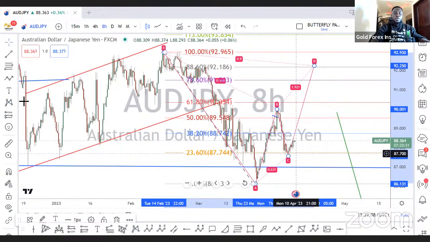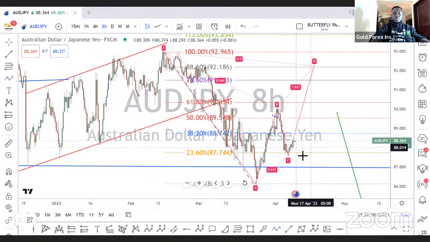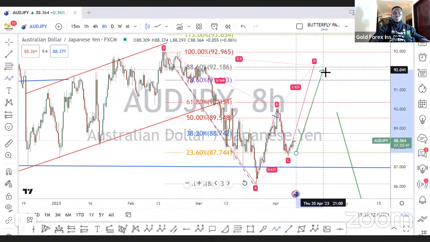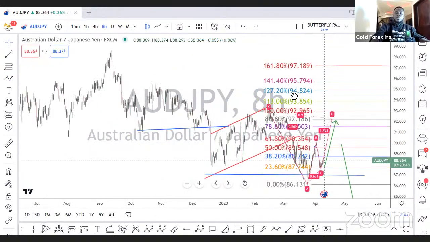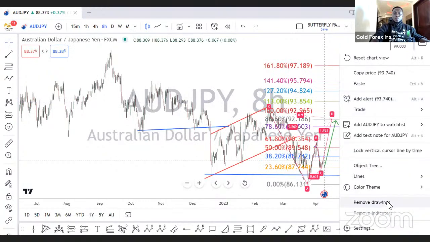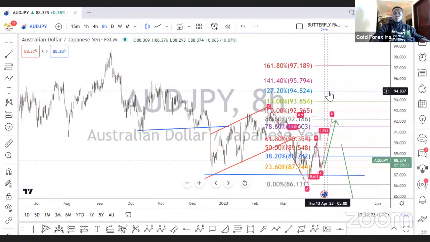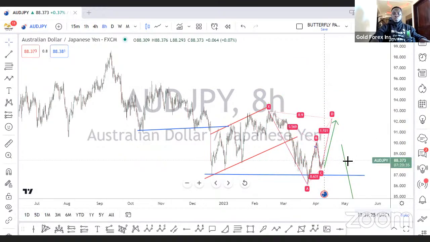So we can have this move first before the drop, which will form A, B, C.